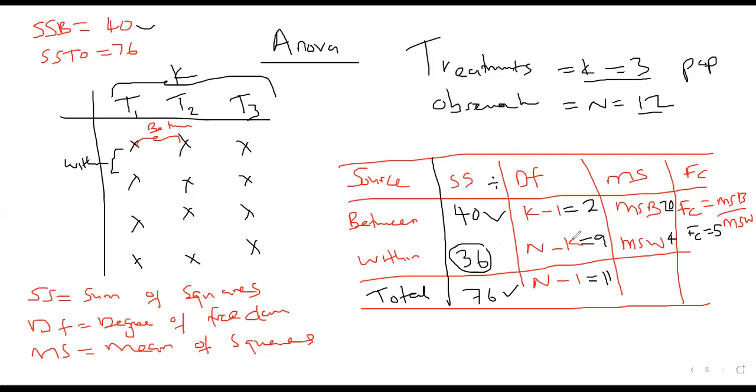The treatments, the K, there are 3. K minus 1 is 2. Then N minus K, 12 minus 3, is 9. Then the 11 is 2 plus 9. Then how do we get the 20 and the 4?